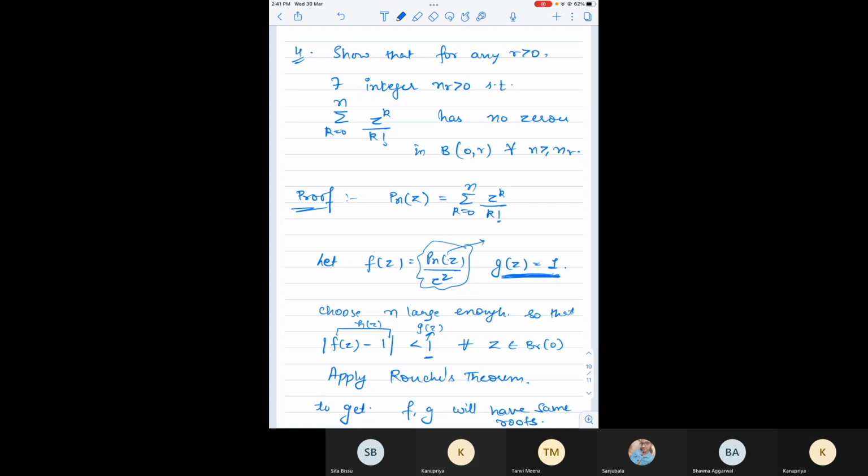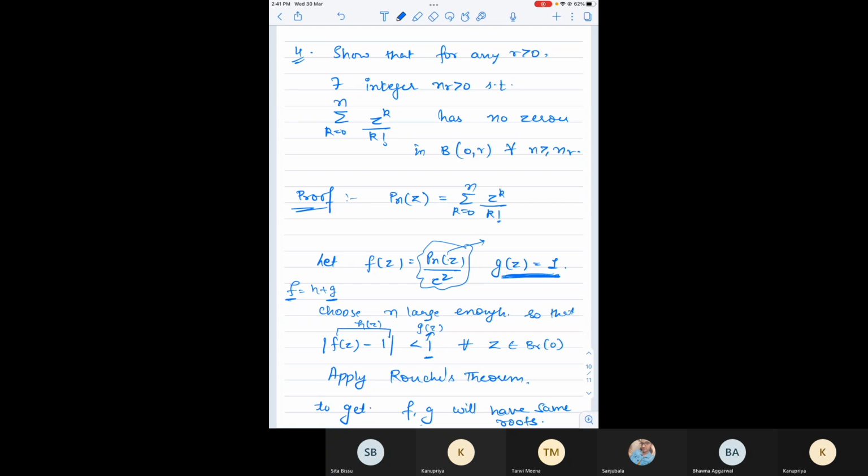Okay, then we are applying Rouché's theorem. Rouché's theorem says that if mod of h(z) is less than g(z), and f equals h plus g, then f and g will have the same roots. So f and g have the same roots, but g is the constant function 1. It does not have any root, which will imply that f(z) will not have any root.